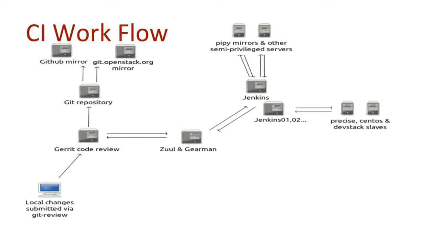Okay, to support this workflow, the underlying infrastructure, as you see in this topology, includes the Gerrit code review and also the Git repos. So yeah, we are tight on time.